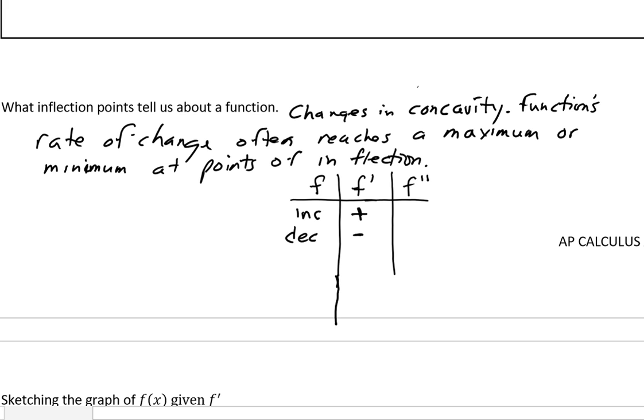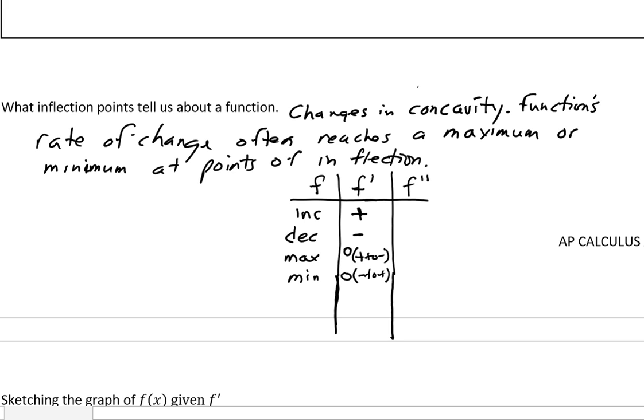If there is a maximum, then f prime is 0, and it changes from positive to negative. So the function should change from increasing to decreasing. That makes sense. For a maximum, it was increasing, and then it changes to decreasing. A minimum would also be 0, or in some cases does not exist. Okay, we don't have that as often as it equals 0, but it could be, and the derivative changes from negative to positive at that point.